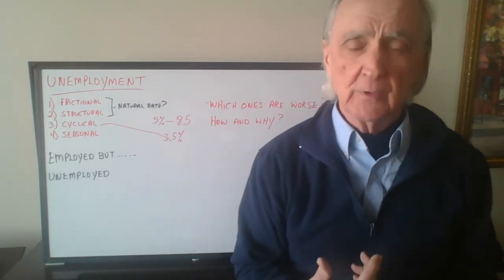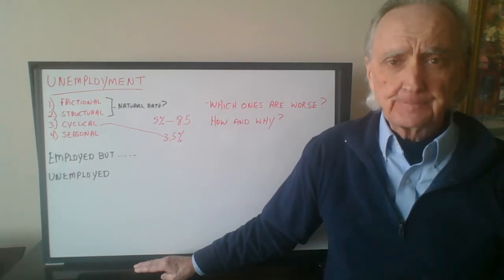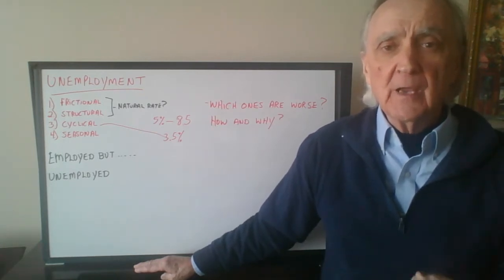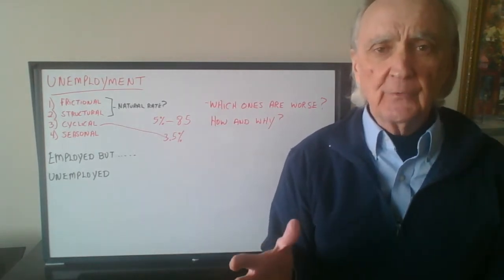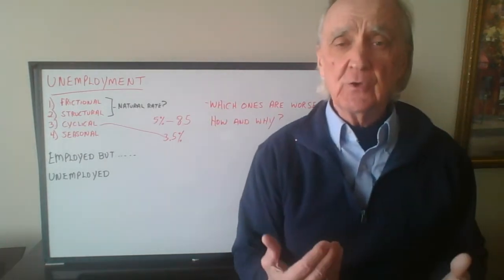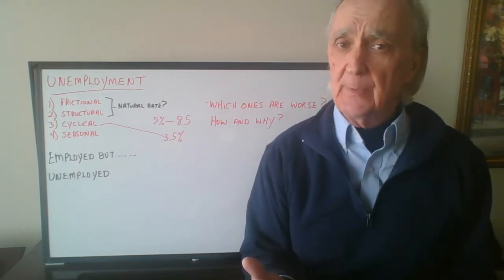So if you and I worked for the Fisher Body Company, we would be out of work temporarily while they retooled to make bodies for the automobiles. And yes, the structure has changed and the old industry was dying, but that one had a happy ending.